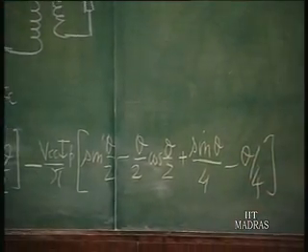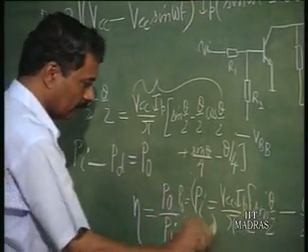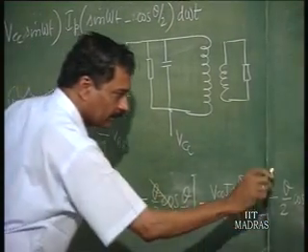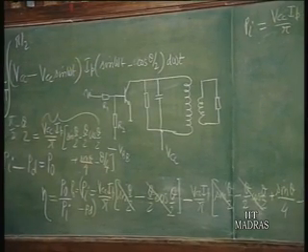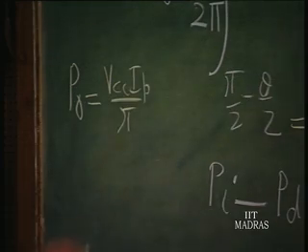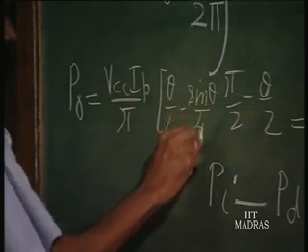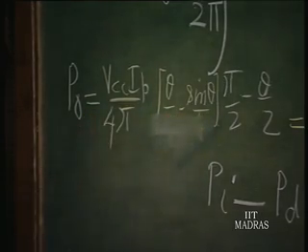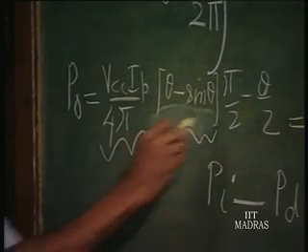So, you will see that power output is going to be nothing but, this gets cancelled here, this gets cancelled here, right. So, output power is going to be VCC Ip by pi, same thing, into theta by 4 minus sin theta by 4, a simple expression. Or 4 you can take out, VCC Ip by 4 pi into theta minus sin theta. So, this is the output power.